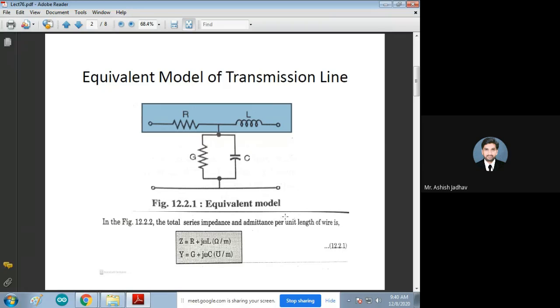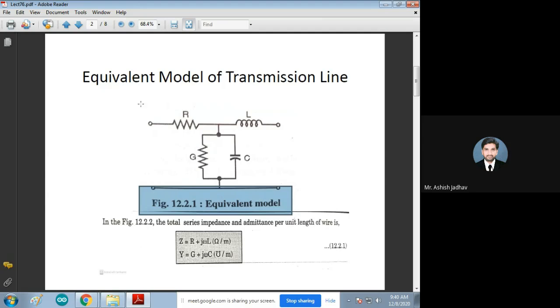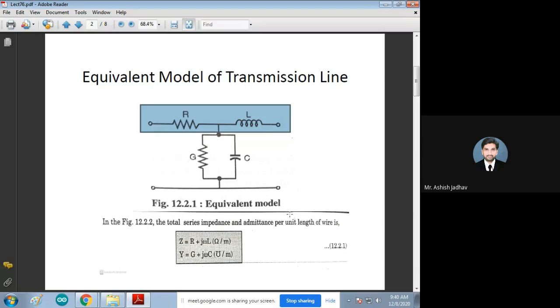Meaning of that, can anyone tell what is the difference between lumped parameter and distributed parameter? We normally use resistance in a circuit; what is the difference between that resistance and the resistance used here in the equivalent model?